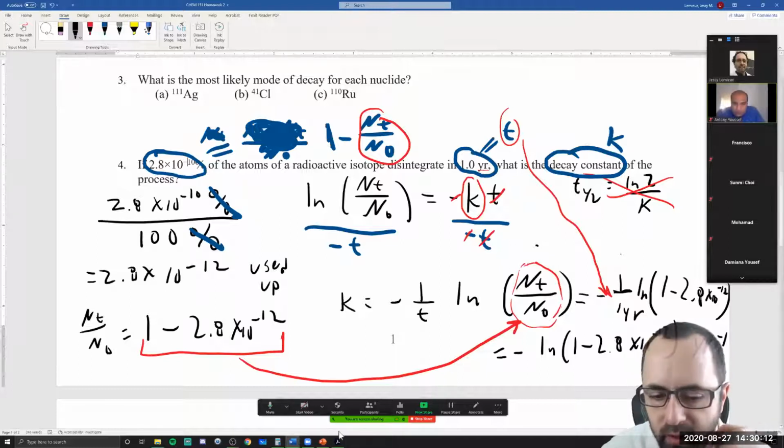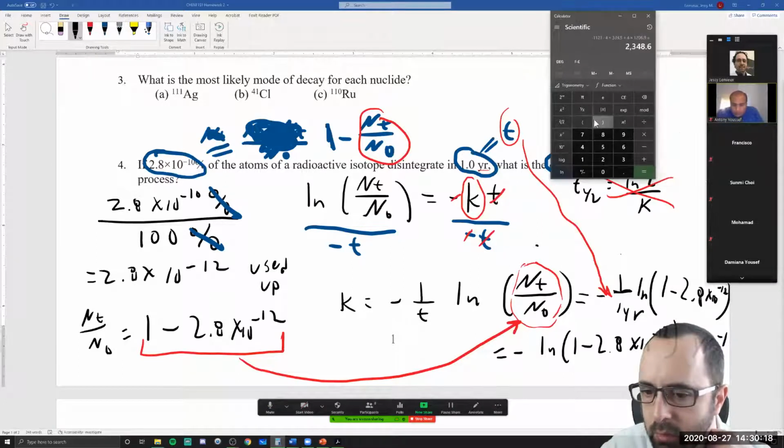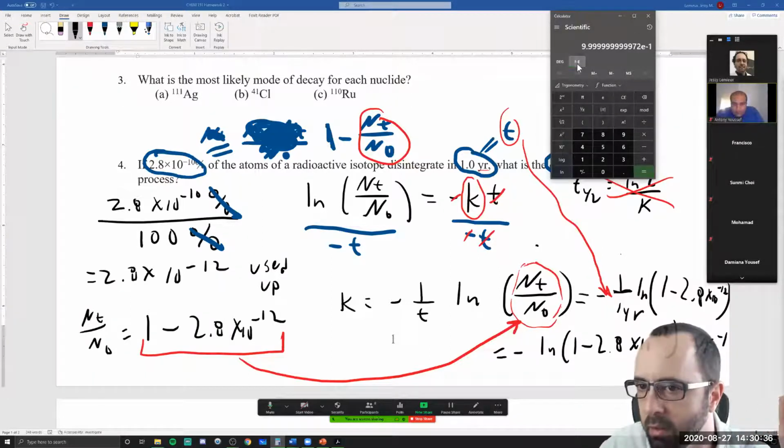And now let's put this into our calculator. 1 minus 2.8, use your EE or your EXP, negative 12. And we get 0.999972. You could put this in scientific notation too. And then we're going to take the natural log of that.